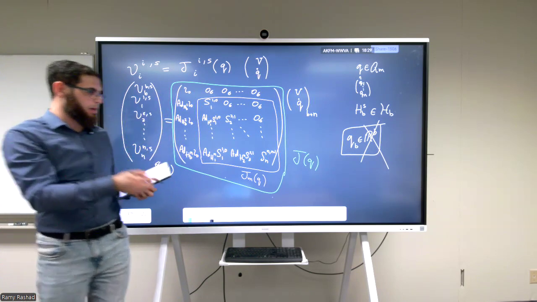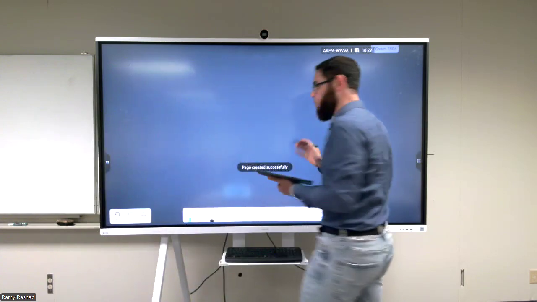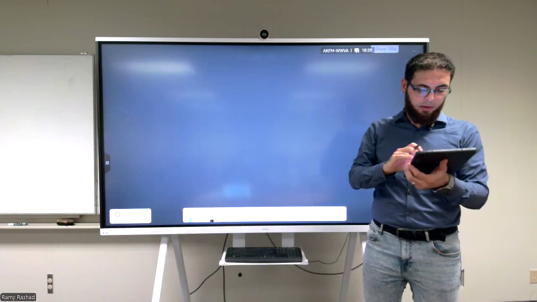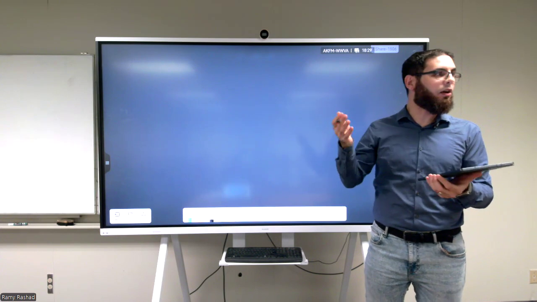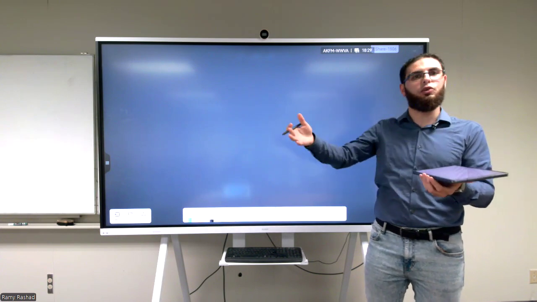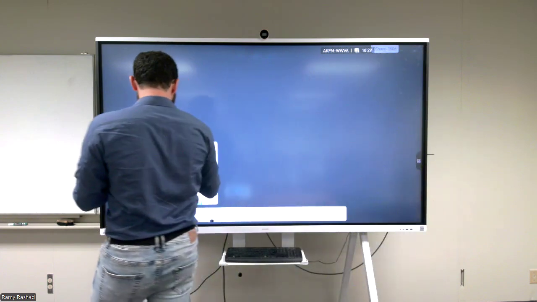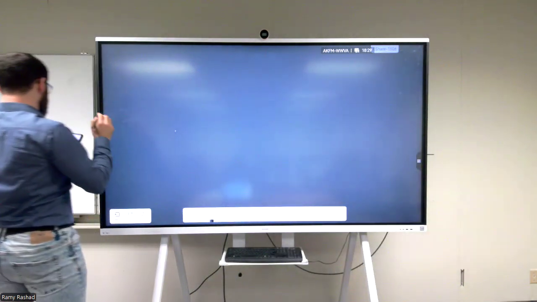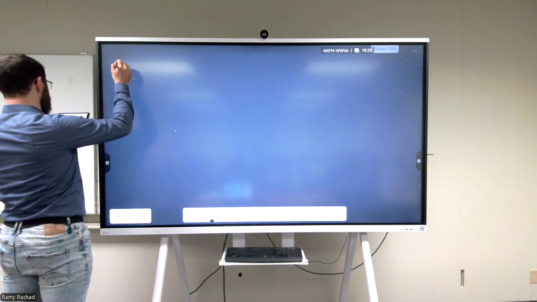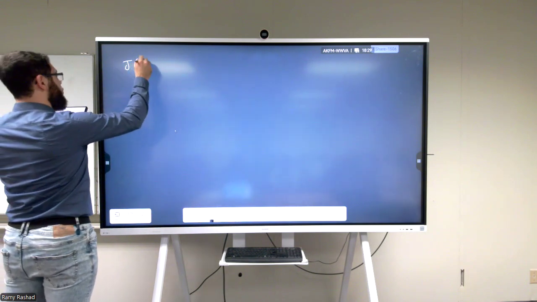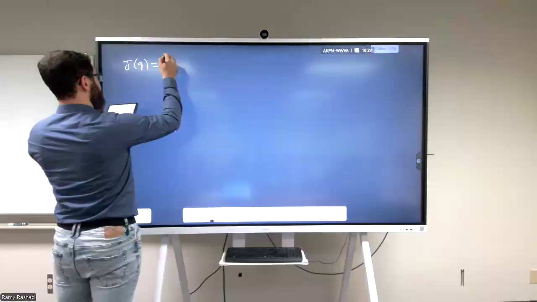But what I want to show you in the end is the end result, without showing you how to reach there, just to show you the benefit of this. And again, if you're interested and want to use it, you can read about it. But the bottom line is that the Jacobian, we can write it as something that looks like this.